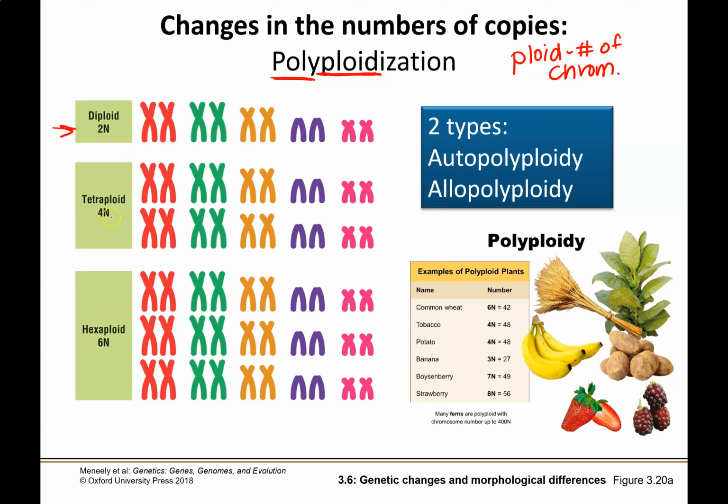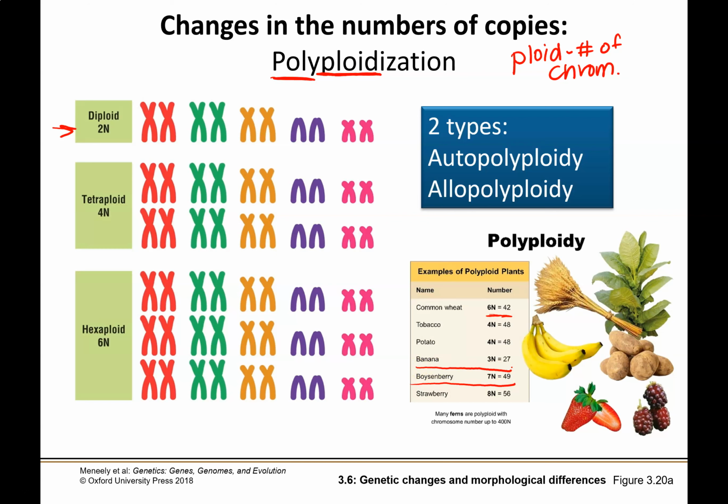Some organisms might have 4 copies of each type or 6 copies of each type. This is very common in plants. There's an example here on the right that shows some common ploidies in plants. So wheat is 6N equals 42. That means there are 42 total chromosomes, 6 copies of each type. And then we've got some weird ones down here. Boysenberry, 7N equals 49.